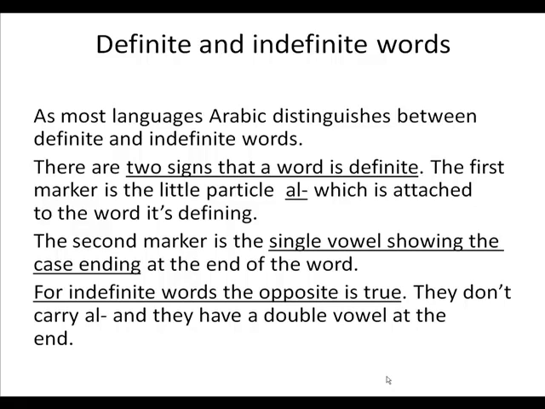With al at the beginning, there can only be one vowel at the end. Now, if a word is indefinite, instead, the complete opposite is true. You don't add al, of course, and the vowel at the end is a double. So you get two vowels instead of one.